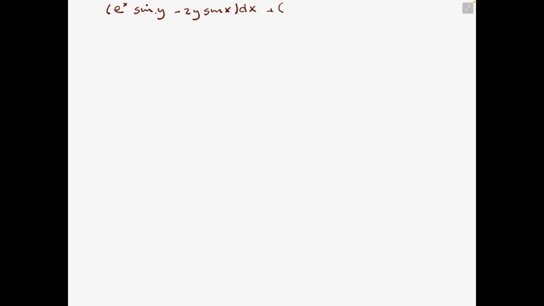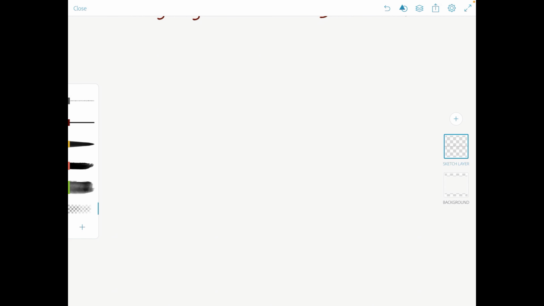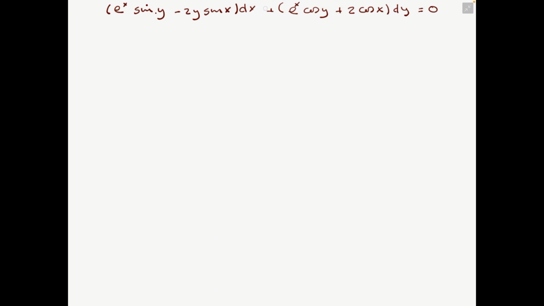Now, here is one that is a little more interesting. We got e to the x sine y minus 2y sine x dx plus e to the x cosine y plus 2 cos x dy.